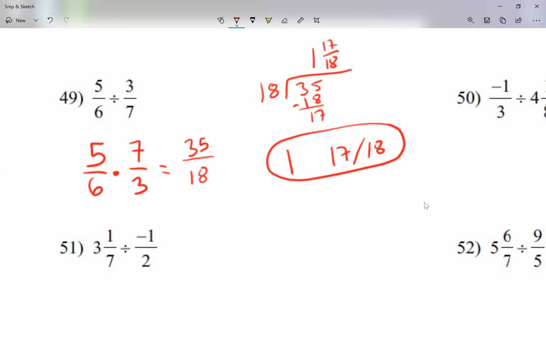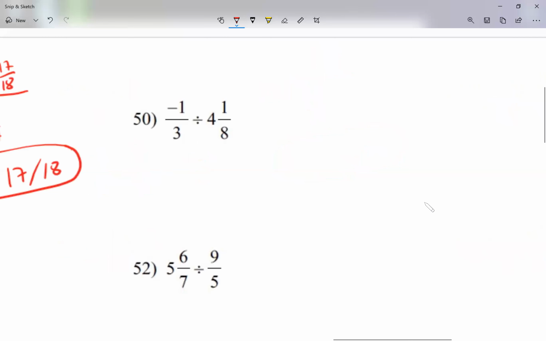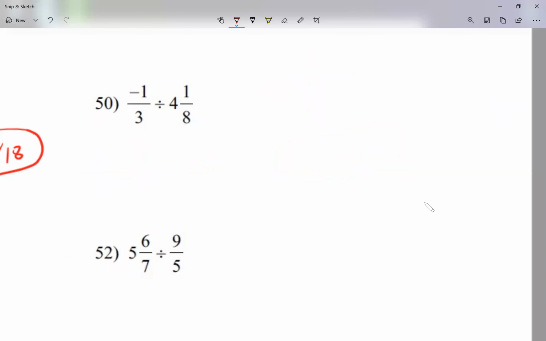Right? So now let's take a look at number 50. First of all, my fractions can only have a number on the top, a number at the bottom, no number at the side. So let me rewrite this as a negative 1/3 divided by, okay, so my second fraction, I must keep the 8 at the bottom, but for the number on the top, I'm going to go 4 times 8 and add it to the top.